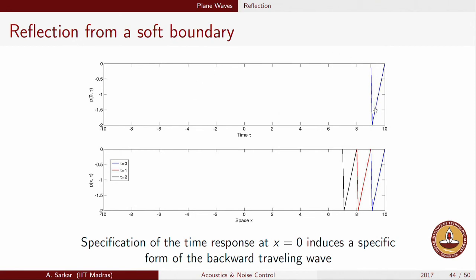So, the blue time history plot that you see on the upper graph has got to be exactly the same as the blue snapshot, which is the pressure plotted against x, but at time tau equals to 0. So, this is what this plot is. But please note, this analysis therefore reveals that this profile is actually there in the positive part, right.